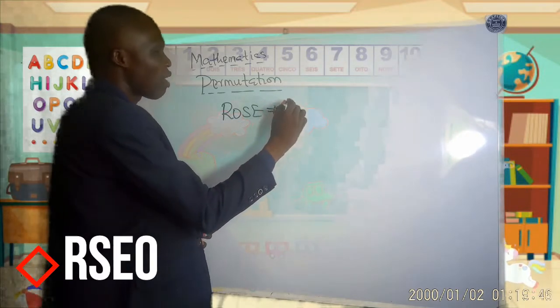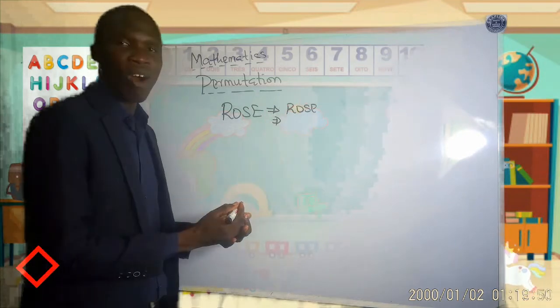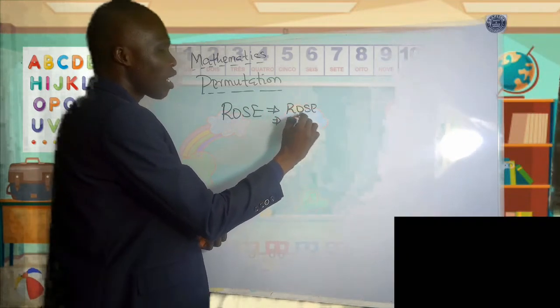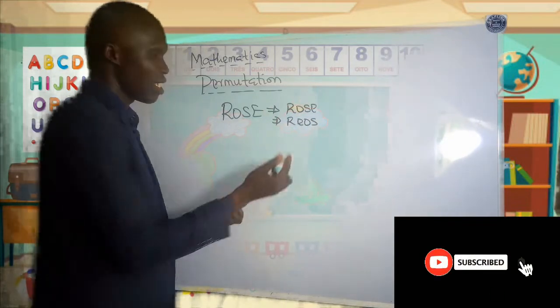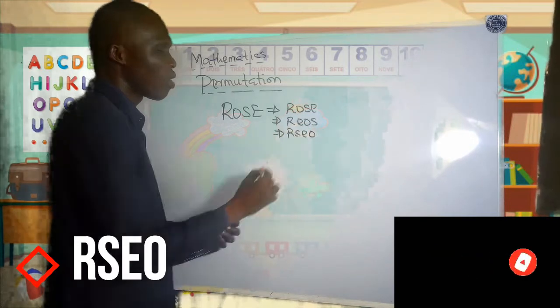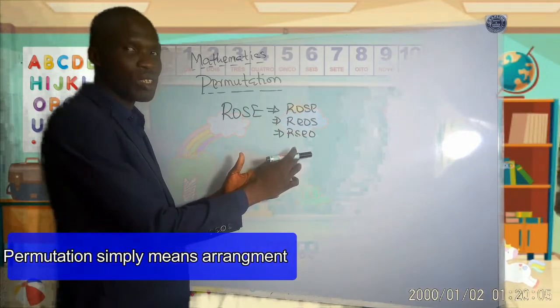How? We have ROSE. It can also be ROS, or it can be written as RSEO, and many more. So this is what permutation is all about.